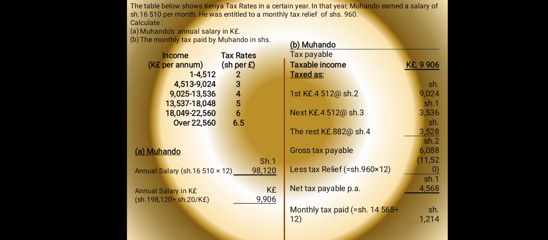Now these pounds are taxed as follows. The first 4,512 at 2 shillings. The next 4,512 at 3 shillings. And the rest of his income, 882, at 4 shillings.